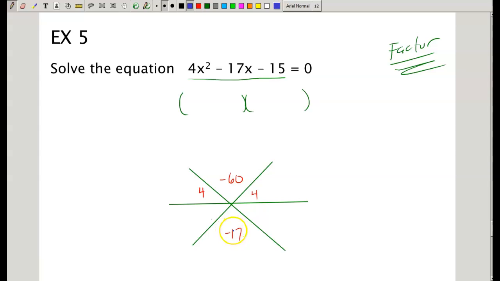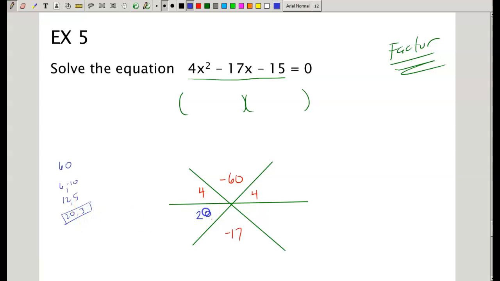So you think about what multiplies up to negative 60. Well, there's a lot there. Let me just think about 60. So 6 times 10, 12 and 5, 20 and 3 multiply up to 60. So actually, the thing that's going to work here is 20 and 3.